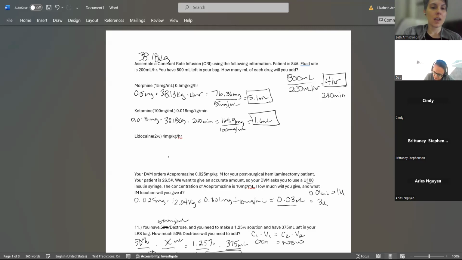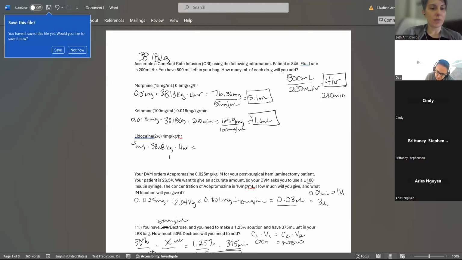All right, so lidocaine. Okay, so fill that out. 4 mgs times that 38.18 kilograms. And we're back to hours again. So we have 4 hours worth. Okay, so 4 times 38.18.